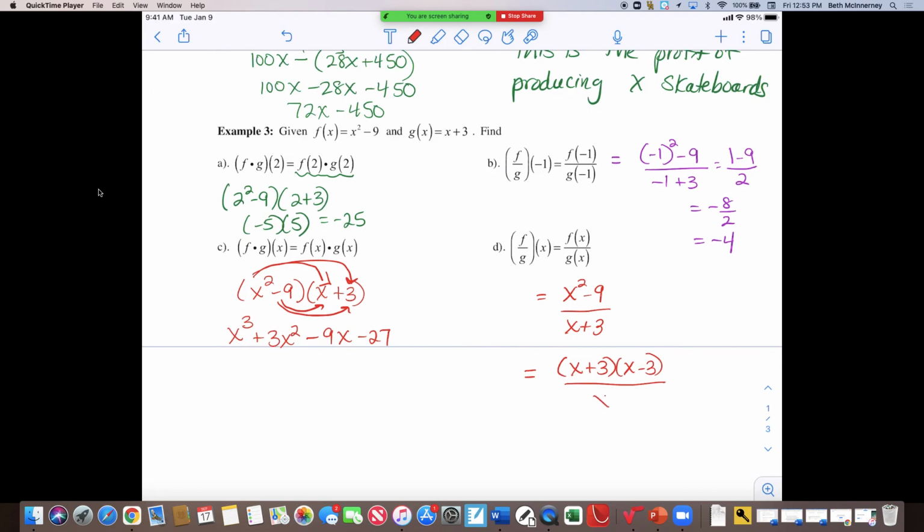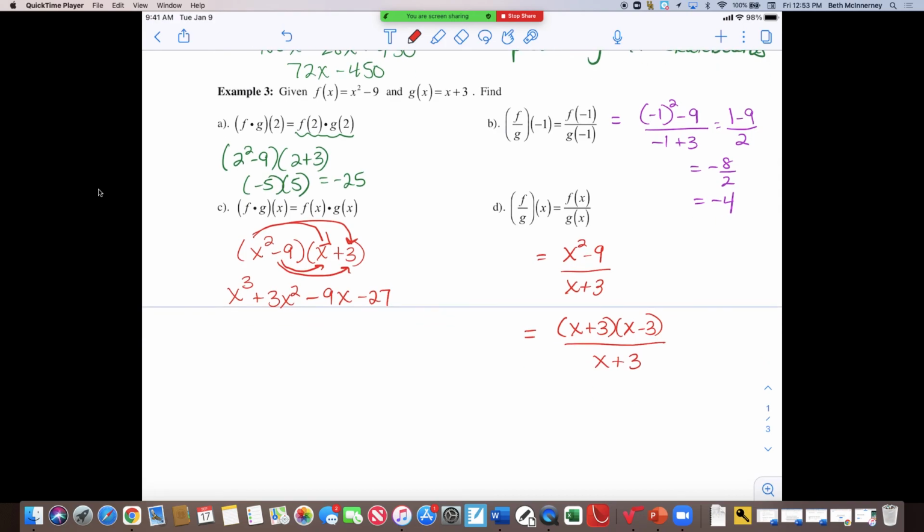That does factor as a difference of two squares. We will review factoring this year, so that's not the main point of this section, but I thought it would be good to bring it back. So the top factors into x plus 3 times x minus 3, those cancel. They won't always cancel, but sometimes they do.